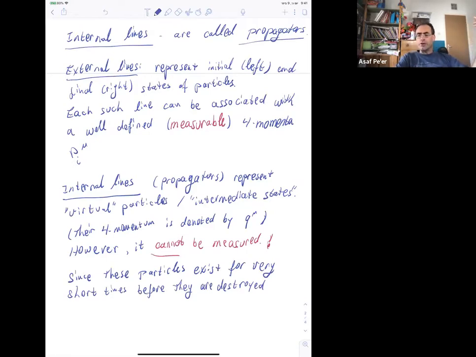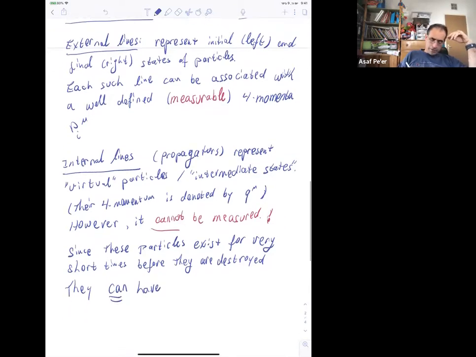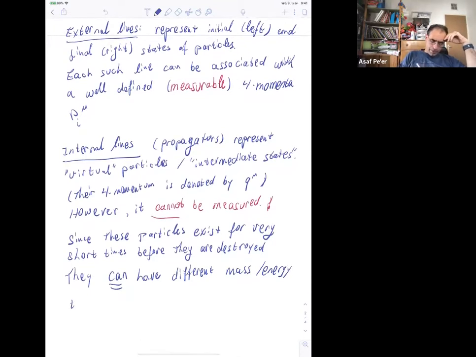These are virtual particles. It's a way of carrying out the calculation, more than anything else. They can have different mass or energy than real particles.